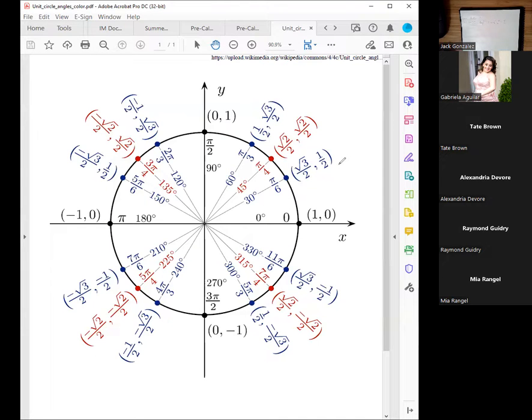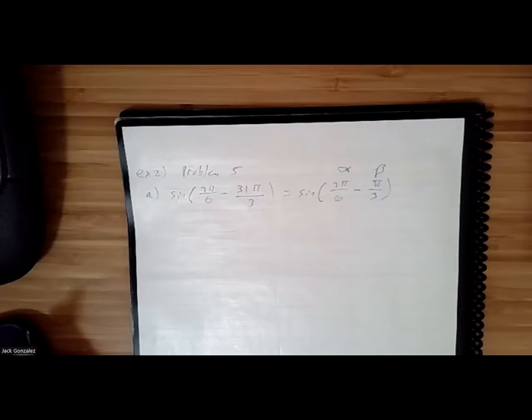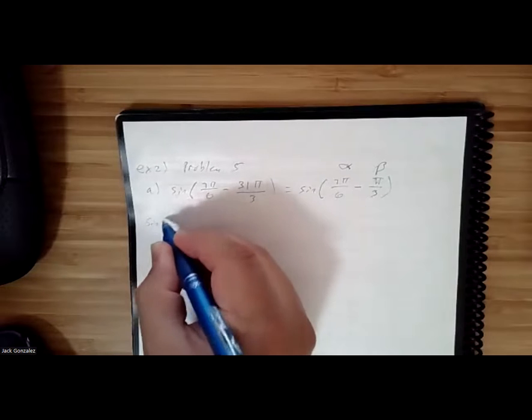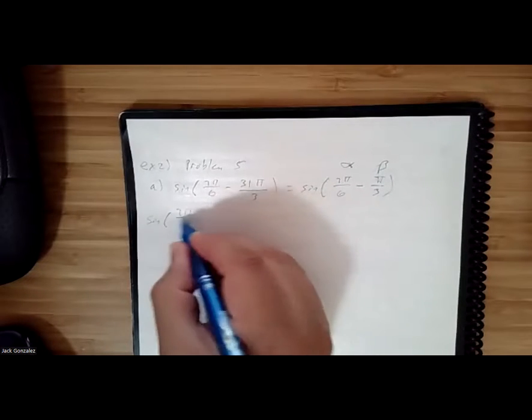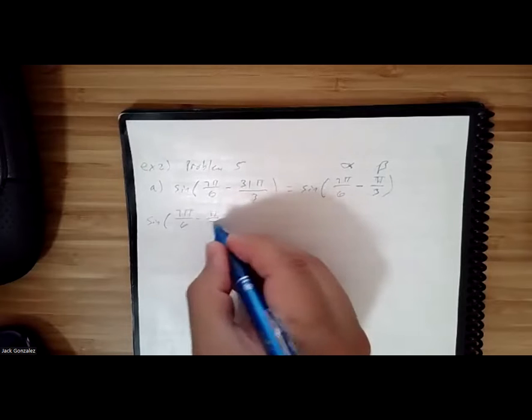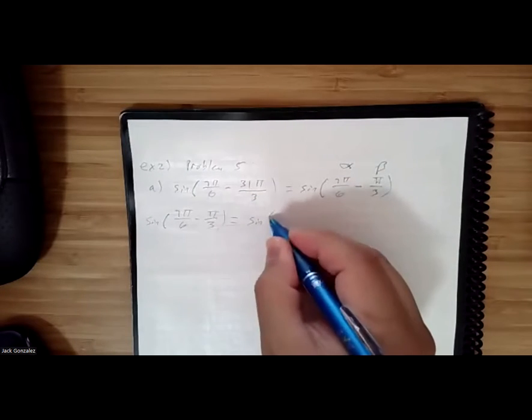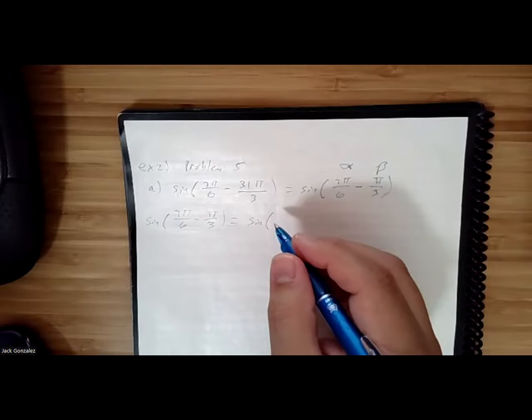Now, pi over 3 is right here. 7 pi over 6 is right there. Right? So this is my new alpha and beta. So we'll come back to this once we apply the formula. We'll be good. All right. So sine, write it one more time. That becomes, according to the formula, where is it?